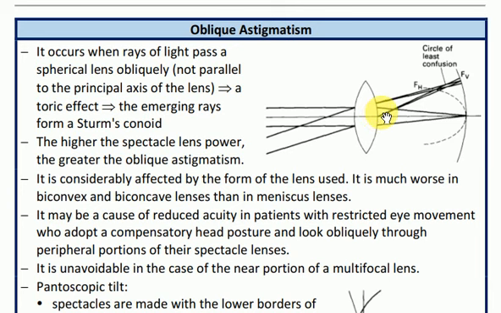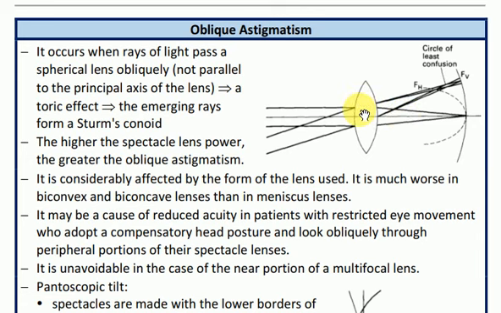The emerging rays form a Sturm's conoid with two lines of foci. In between is the circle of least confusion. Oblique astigmatism occurs with spectacle lenses when the line of sight is not parallel with the principal axis. This is the principal axis.